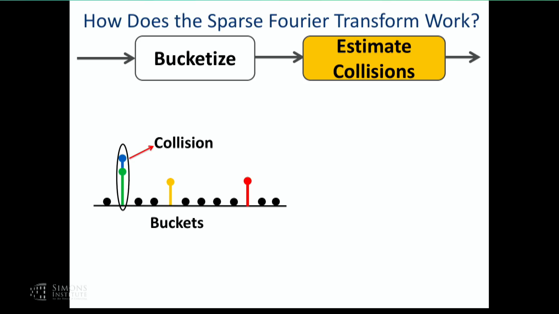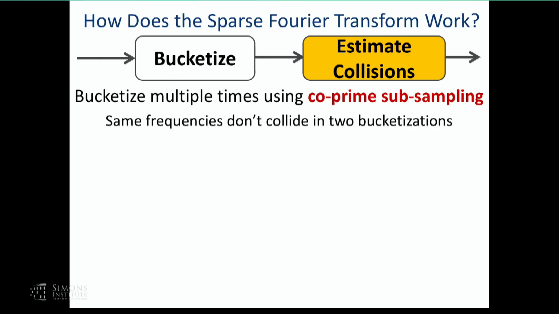To solve these, we're going to bucketize again, but we're going to use a property of coprime subsampling. We're going to subsample again at a rate that's coprime with the subsampling rate we used the first time. And this coprime property is going to ensure that if two frequencies collide in the first bucketization, they're not going to collide in the second.